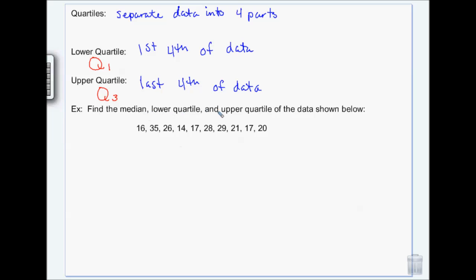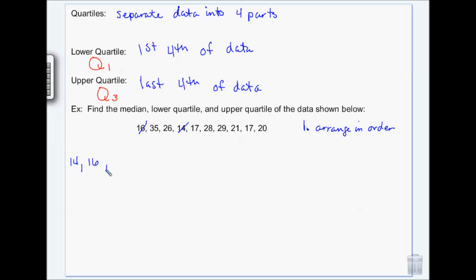Okay, so we're going to find the median, the lower, and the upper quartile of this data set. Okay, so step 1 is to arrange. We have to put it in numerical order. So if we look at this data, 14 is the smallest number.